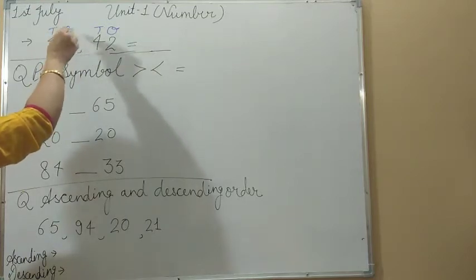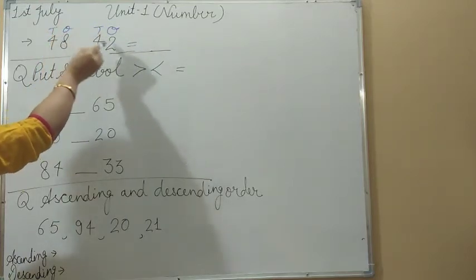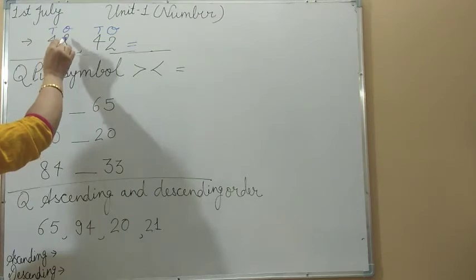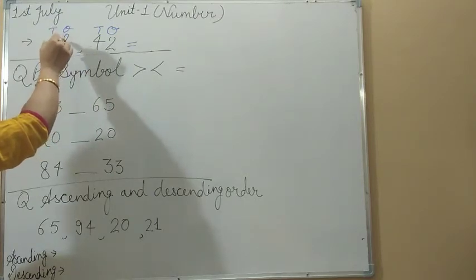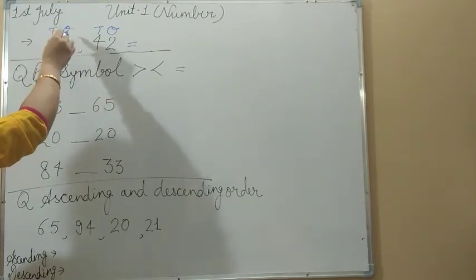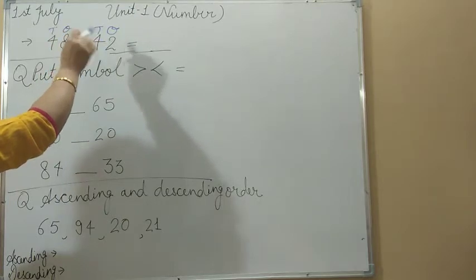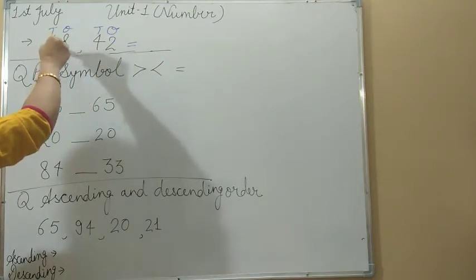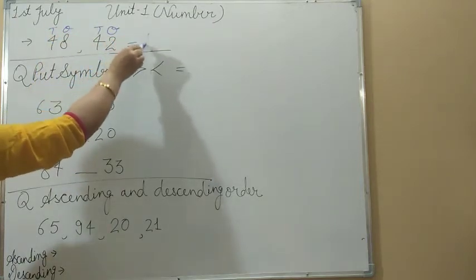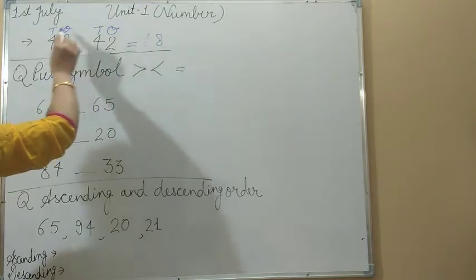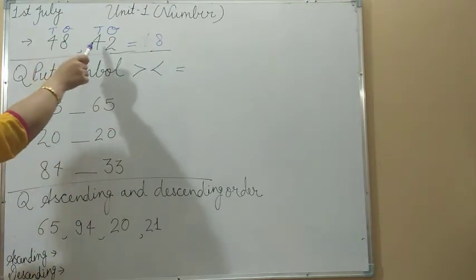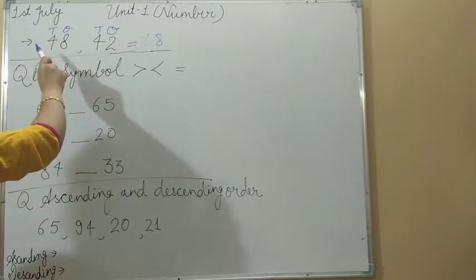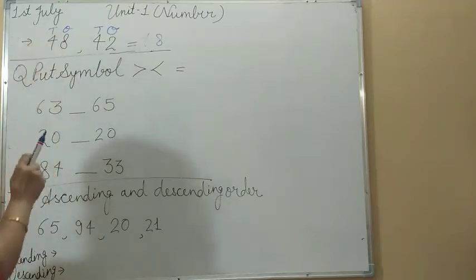This is 8 and this is 2. Now which is bigger? This 8 is bigger, so 48 is the bigger number. If they ask us about the smaller number, then we will write 42 is the smaller number. So which is the bigger number here? 48. If the tens place digits are the same, then we will compare the ones place numbers.